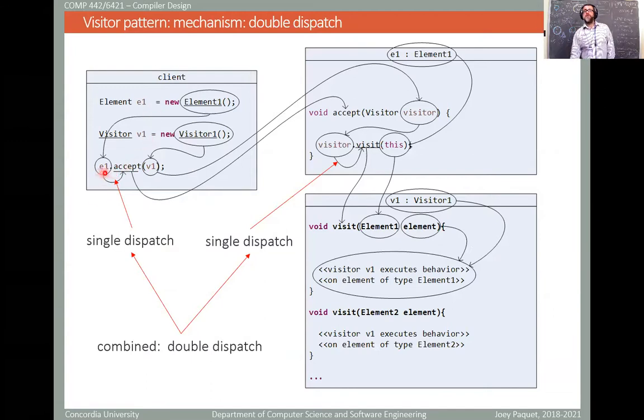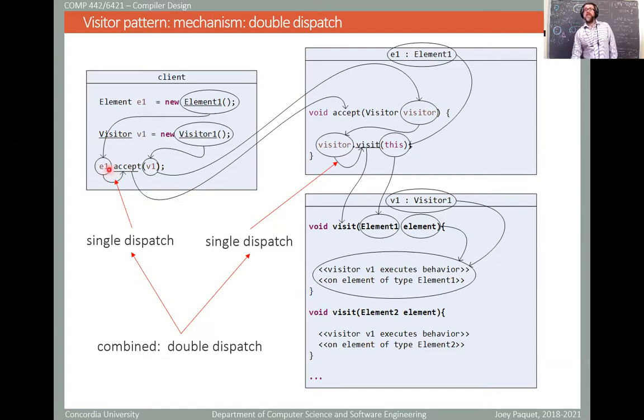So for example, dispatch actually means figuring out, when you have a function call, what function should actually be called. Basically, it's a dynamic binding operation. A dispatch is a binding operation that determines which exact function is going to be called in the case where there are multiple possibilities.